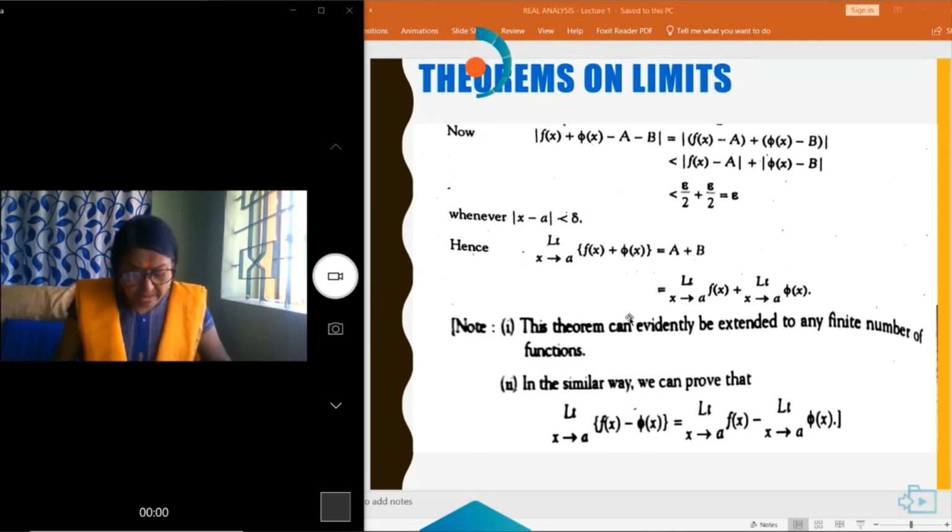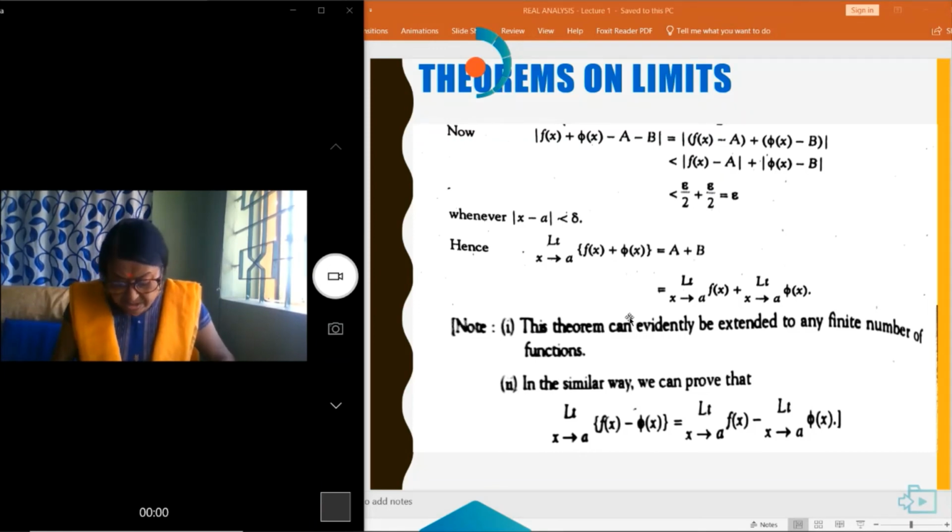If we decompose the modulus, we can write it as less than or equal to modulus of f(x) minus A plus modulus of phi(x) minus B, which is less than zeta by 2 plus zeta by 2, that is zeta, where modulus of x minus a is less than delta.